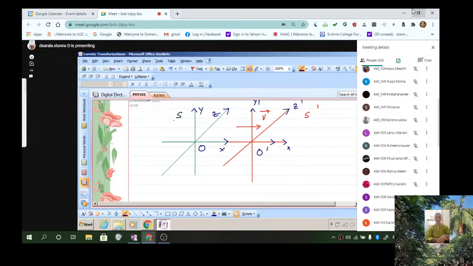What is important here is that the velocity with which this frame is moving is v.